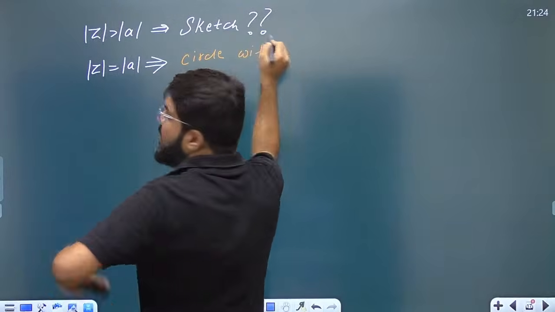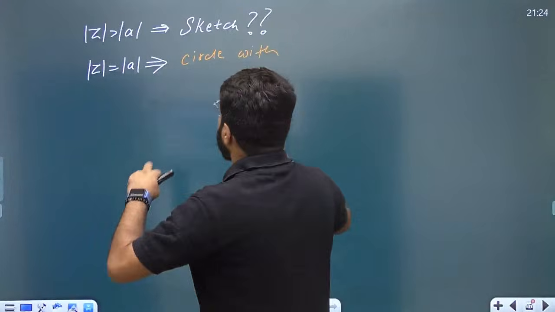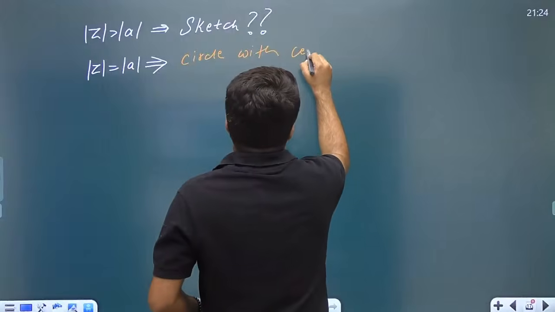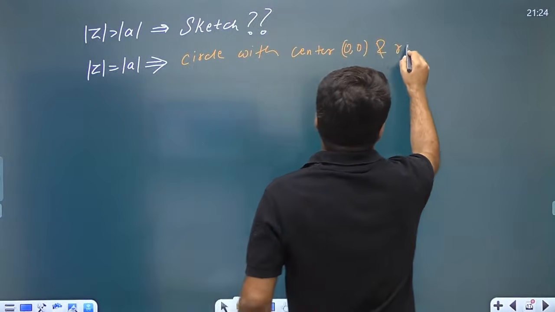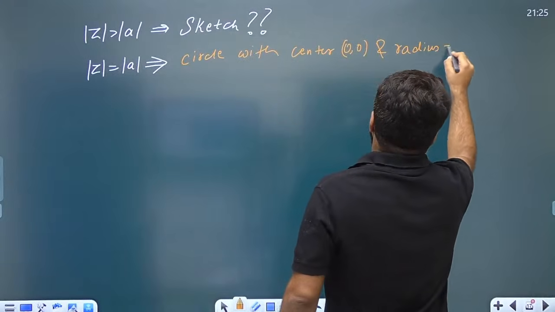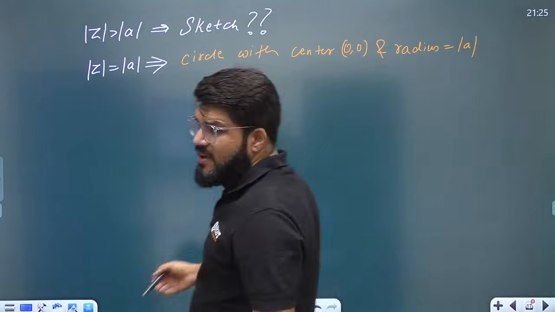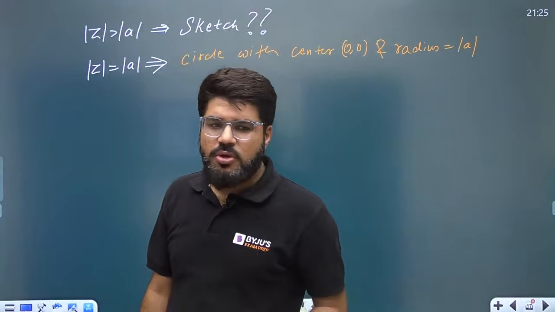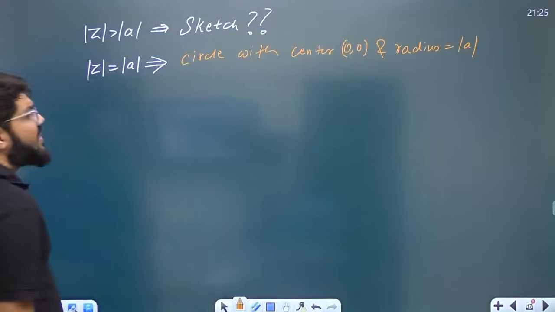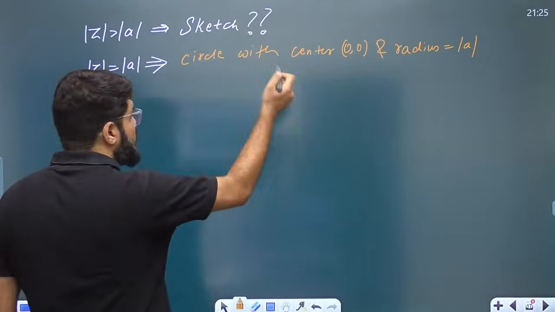Once again, let me review. It is a circle with the center at 0, 0, and the radius equal to modulus of a. I am taking modulus of a because a may be negative also, a may be complex also.